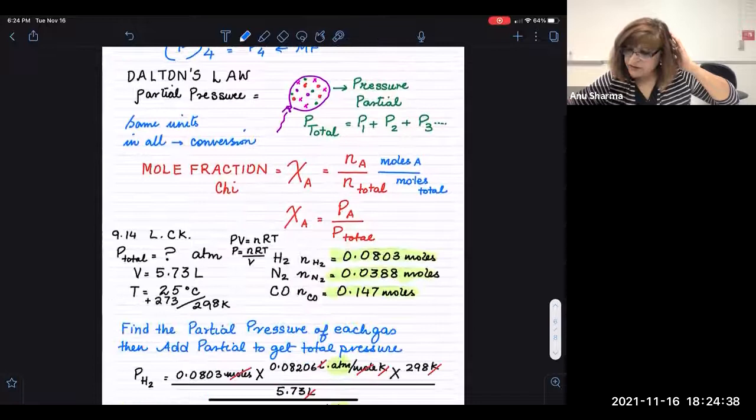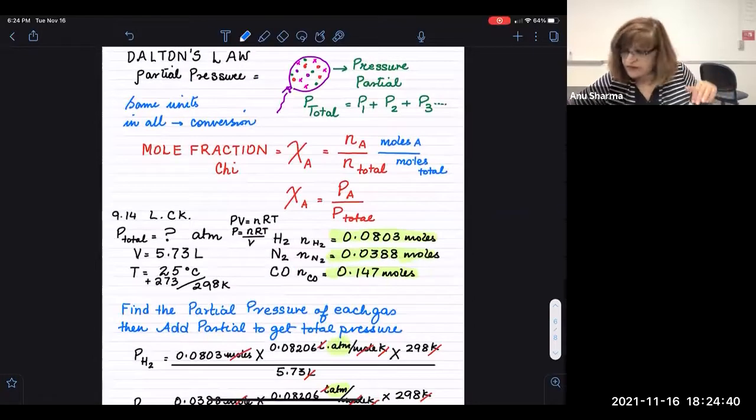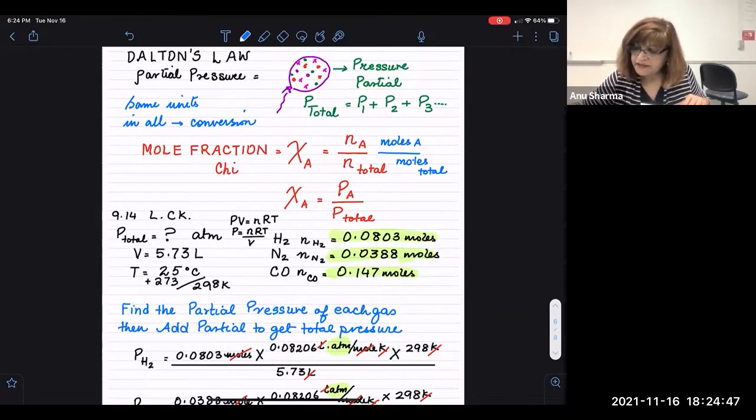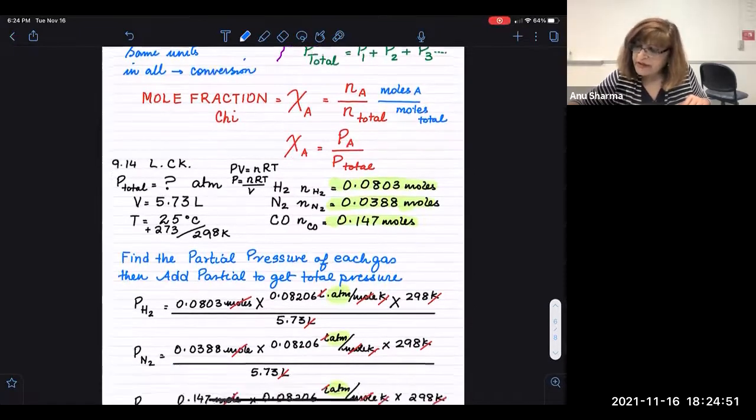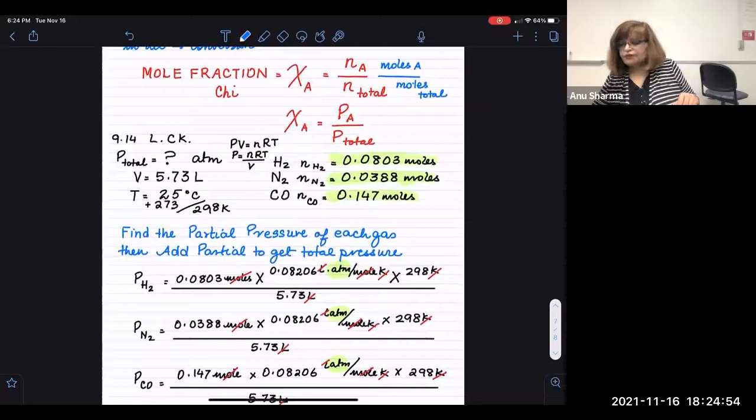Dalton's law of partial pressure: it adds all the partial pressures of the individual gases inside a container. From the outside, we only feel the total pressure, but actually it is the individual pressures from each of these gases.